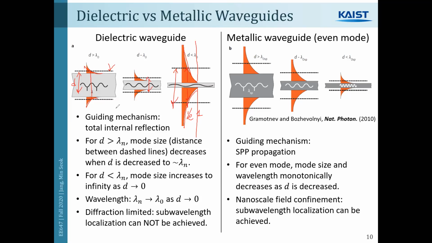So you basically have a minimum mode size that you can achieve with a dielectric waveguide, and that minimum mode size is similar to lambda, the wavelength of the light. This is called, again, the diffraction limit. You cannot compress the light below a certain bound, which is the diffraction limit. So this is the typical dielectric waveguide.